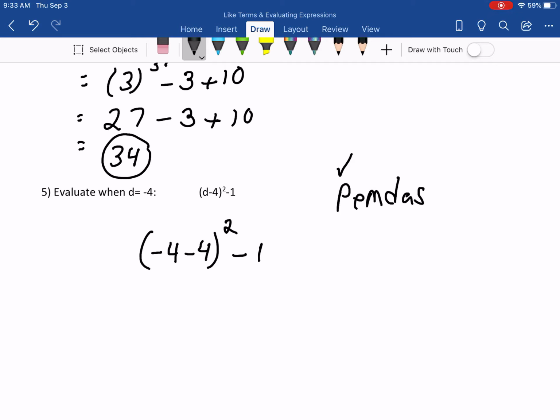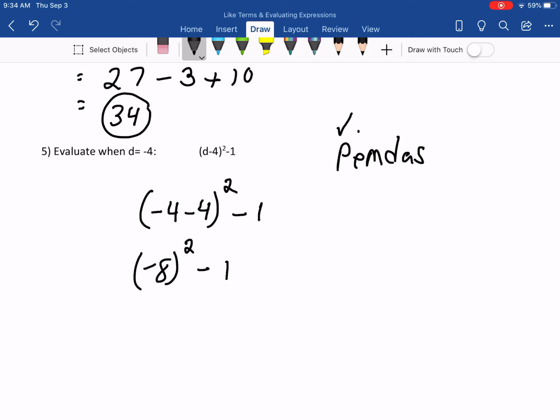So negative 4 minus 4, same signs, you add 4 and 4, 8, and then keep the sign you have, so that's going to be negative 8 squared minus 1. Okay, now we need to do our exponent. Negative 8 squared, which means negative 8 times negative 8, negative times negative, positive. So 8 times 8, 64, minus 1, which is 63.